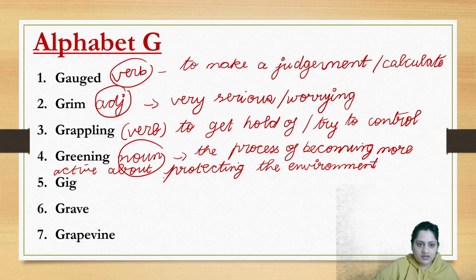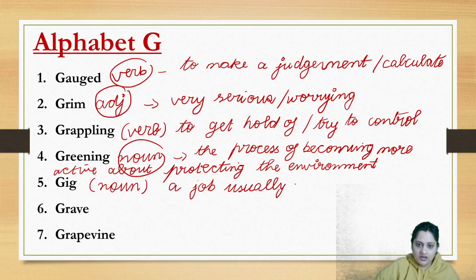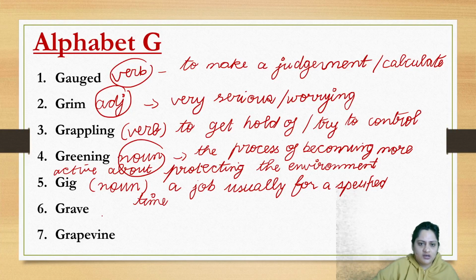That is greening. From the word green, environment. Okay. Gig is a noun word. We say gig economy. So a job which is usually for a specified time. Freelancers, right? Usually for a specified time. I think we have done this article also regarding the gig economy. Okay, regarding workers of Zomato, Swiggy, gig workers, freelance workers, right?